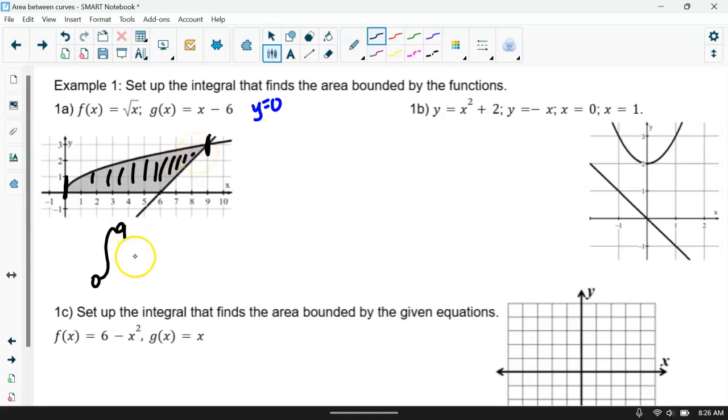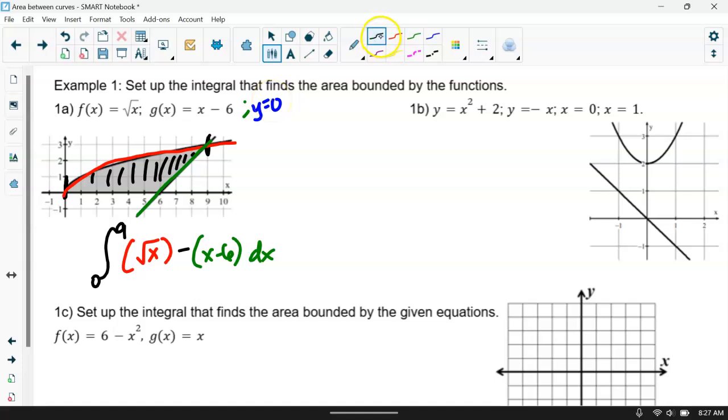So that means here we've got our f of x, which is the square root of x, then minus our g of x, which is x minus 6, dx. Again, because we're staying with positive, that's why we also have that boundary.